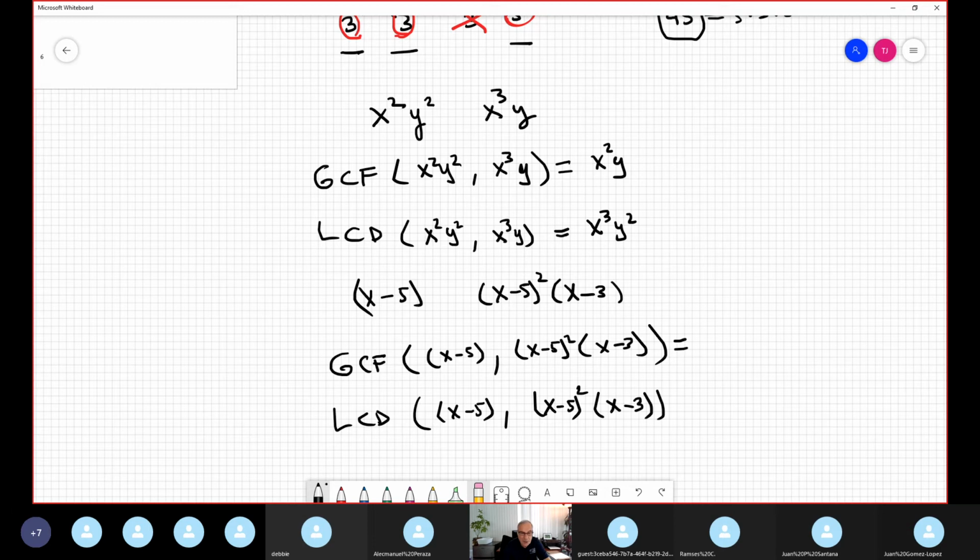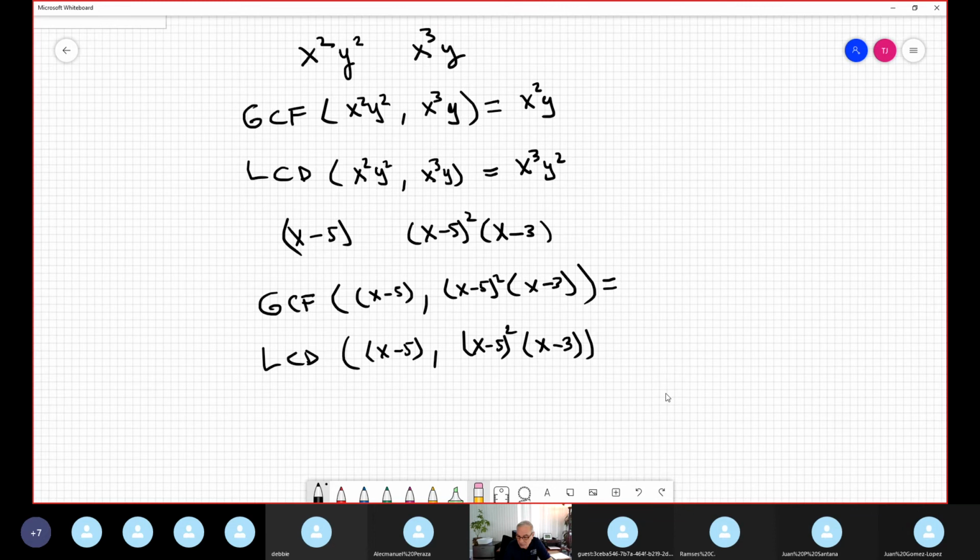According to the greatest common factor idea, you take the common factor, the factor that both expressions share. Obviously, it is this and this. X minus 5 gets repeated, and you take the smaller. The answer is x minus 5. The GCF, greatest common factor, is x minus 5.